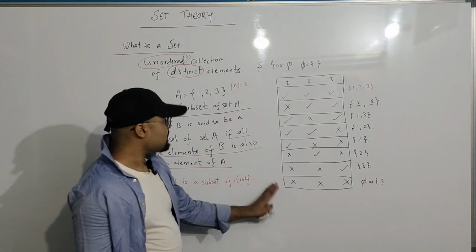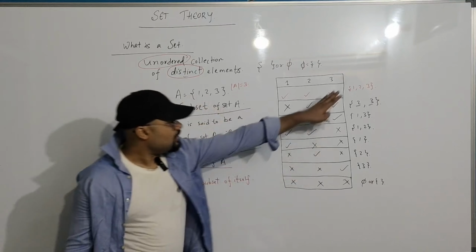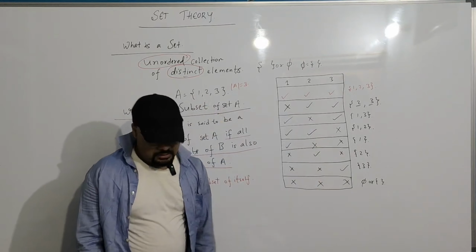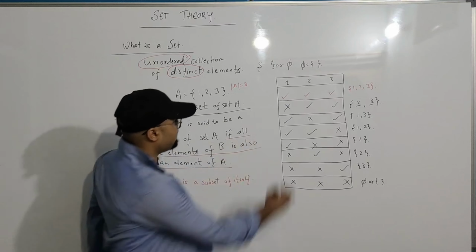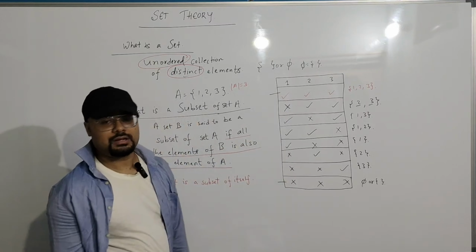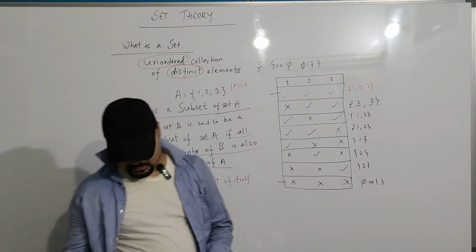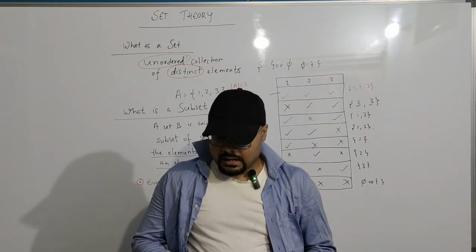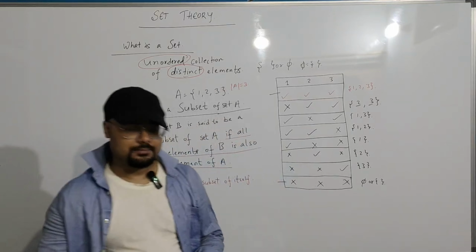So the total number of subsets of set A is 8. There are 8 total subsets. These two, this and this, are called trivial subsets. For every set, the set itself and the empty set are the trivial subsets of a set.